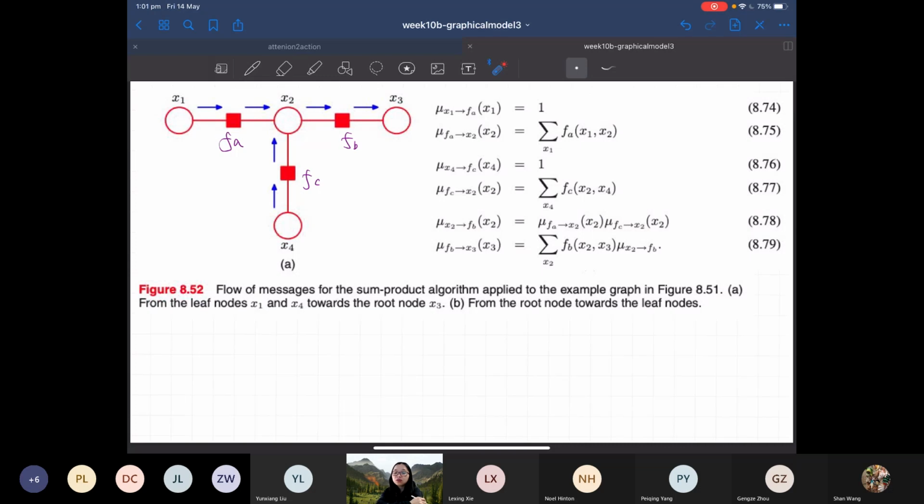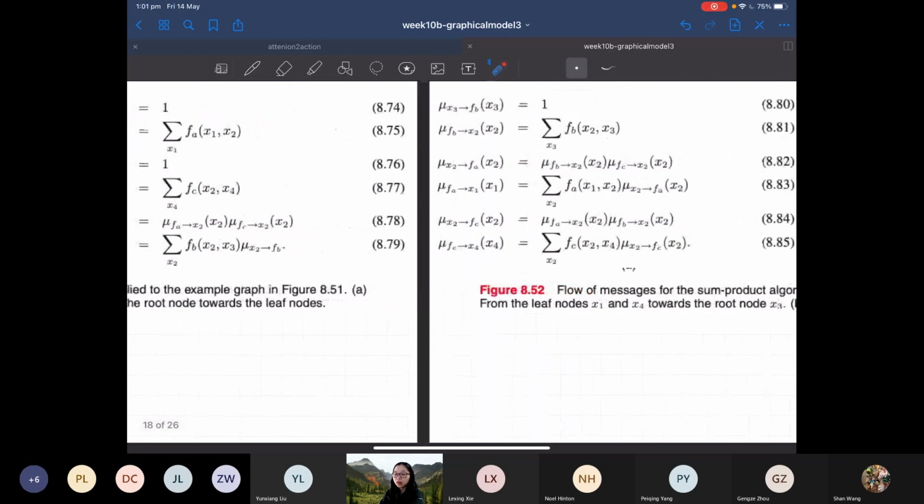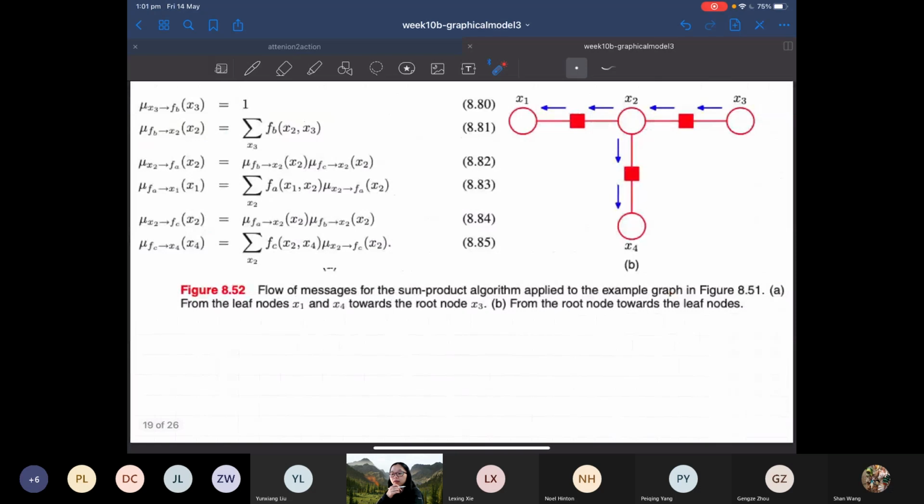So you may say that, okay, this is actually one complete pass, right? After this, we can compute the marginal on x3. But what about from root to leaf? It turns out that if we choose x3 as the arbitrary root node, we can initiate messages from x3, or basically flip the order of the tree entirely, and then compute all the messages in the reverse direction using the same method.